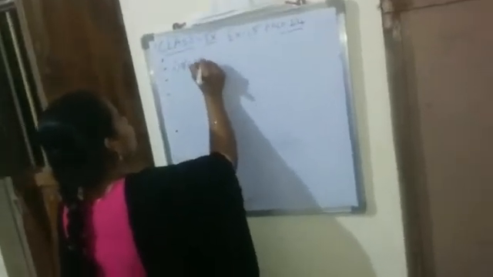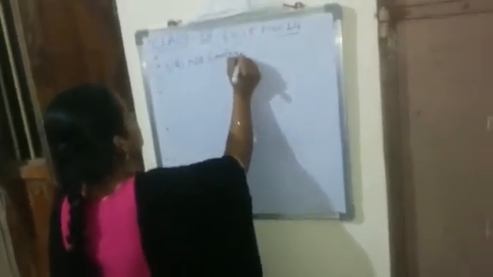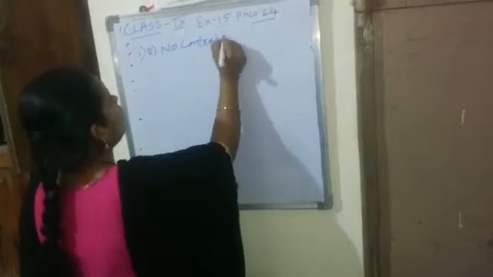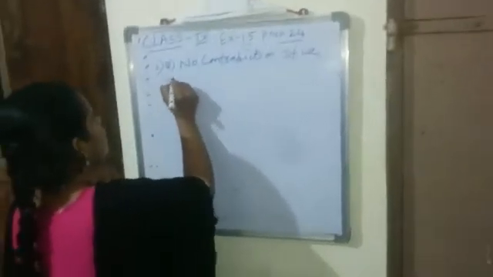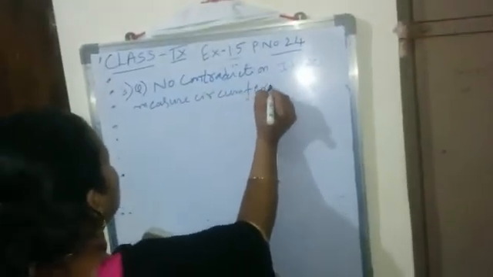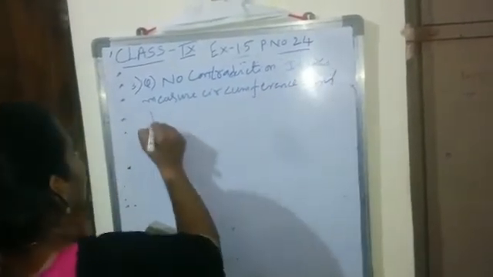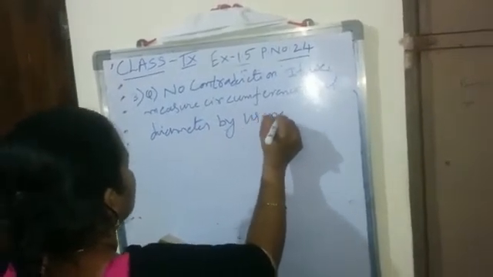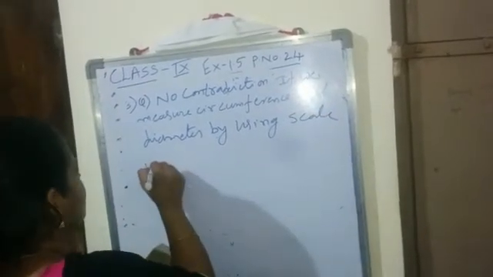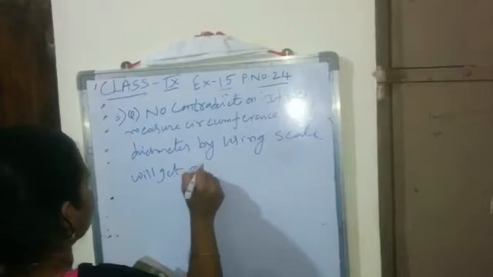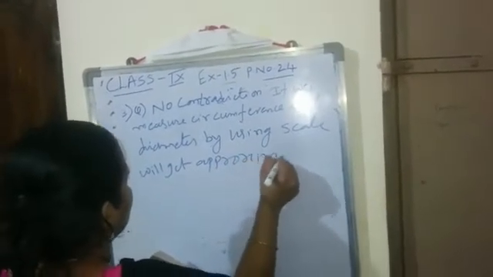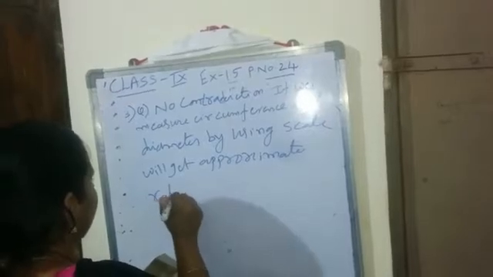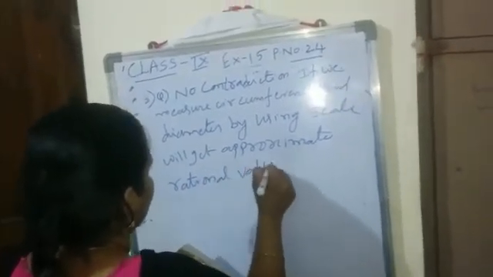Third question, no contradiction. There is no contradiction if we measure circumference and diameter by using a scale; we will get approximate rational values.